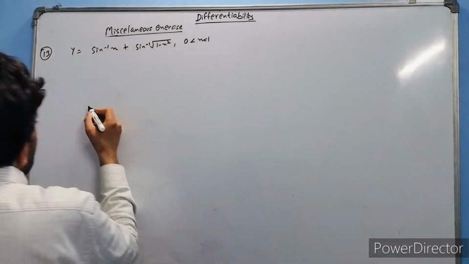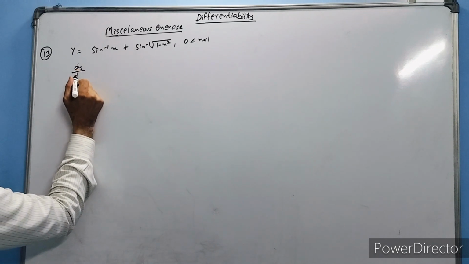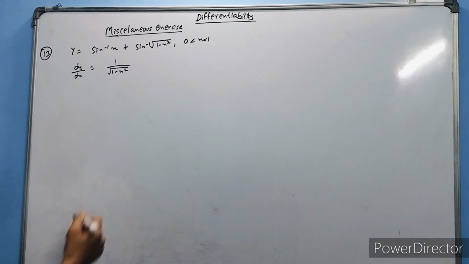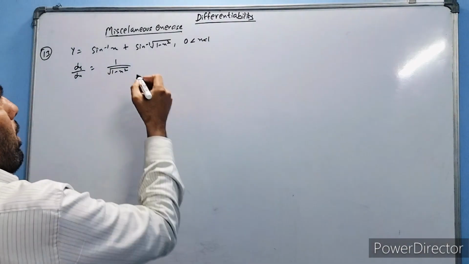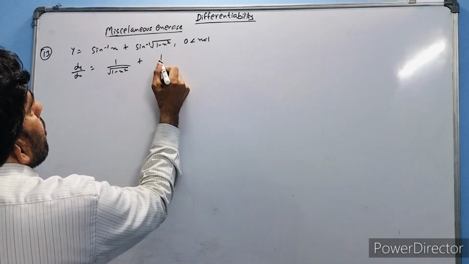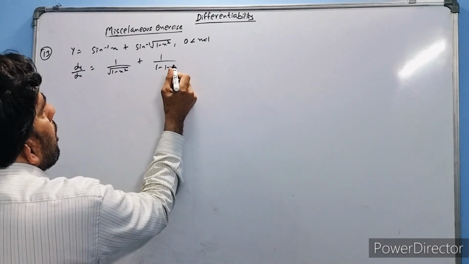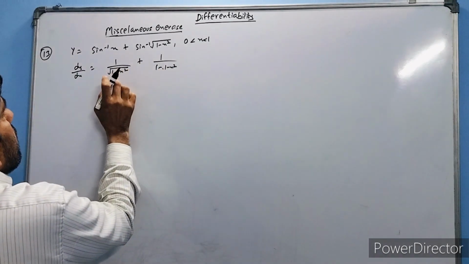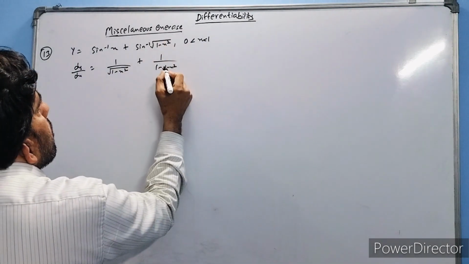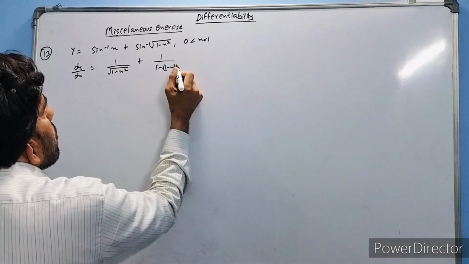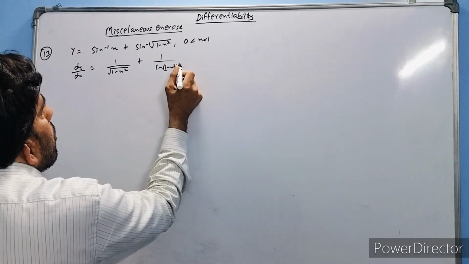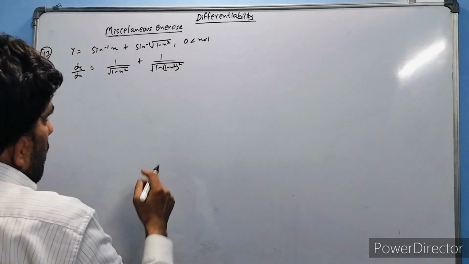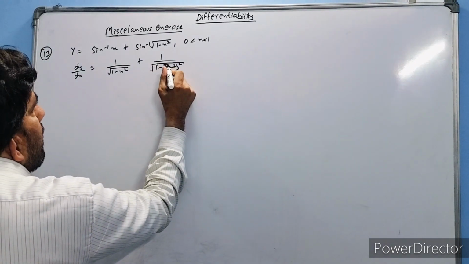dy upon dx will be 1 upon square root of 1 minus x square, since we know the differentiation of sine inverse x, plus we will differentiate the second term, which has 1 minus x square inside the root.